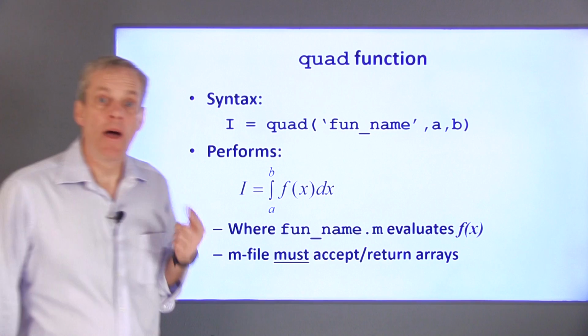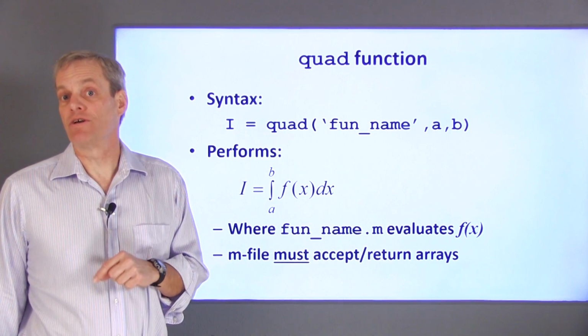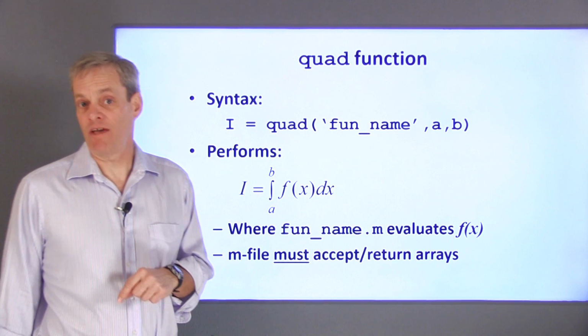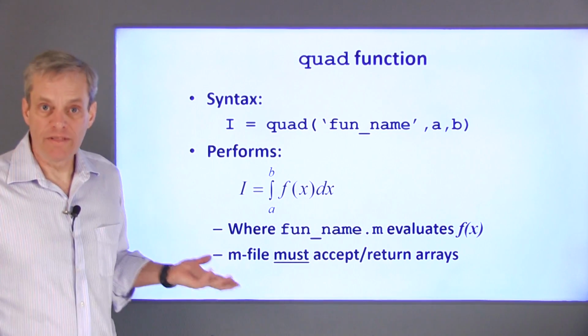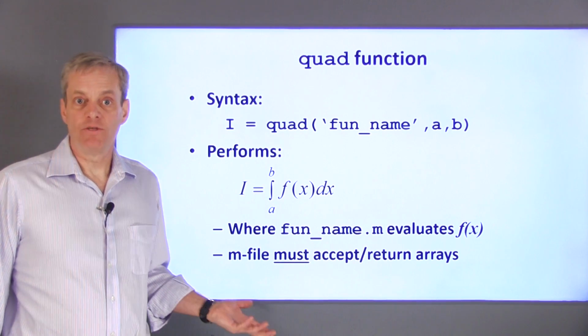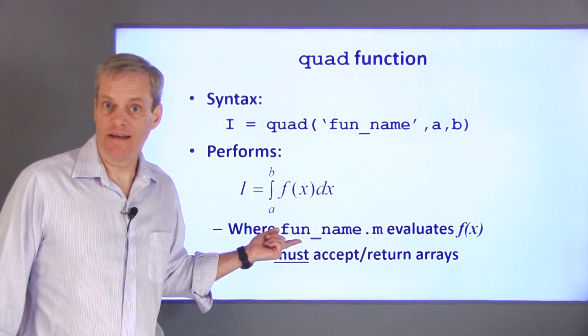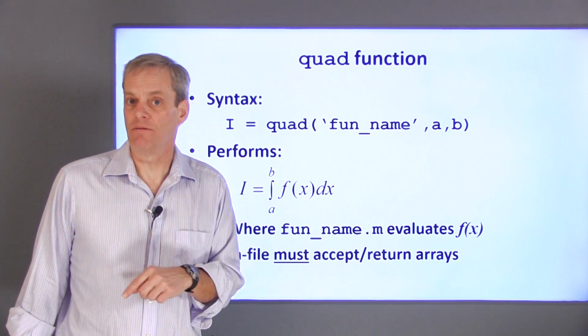The function being integrated, f of x, is evaluated by this M file function. This function must accept arrays of x values as inputs and return an array of corresponding values of f of x. When performing the integration, the quad function first creates an array of x values between a and b using the function specified in fun_name.m and calculates the integral.